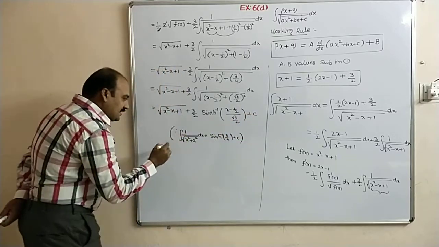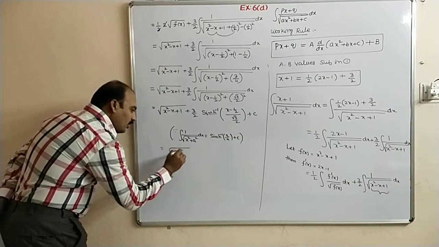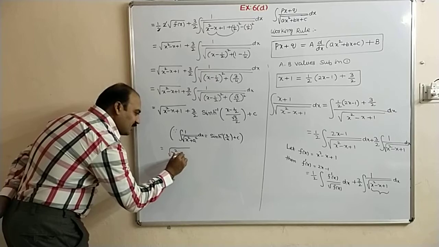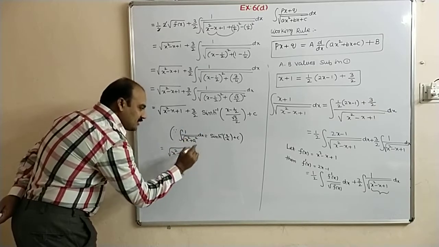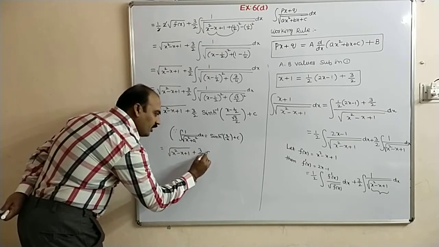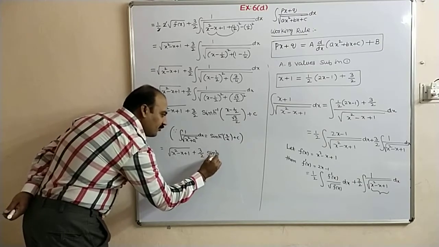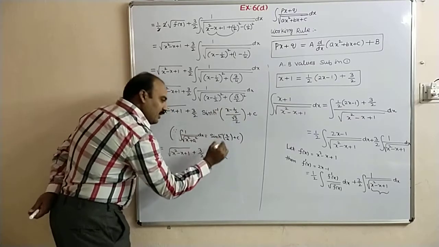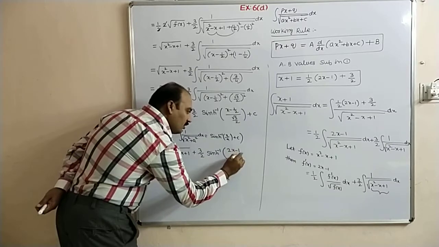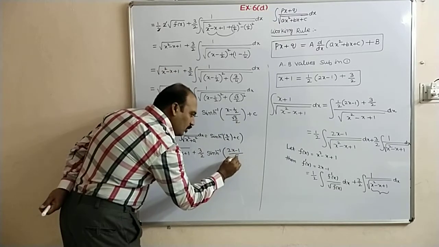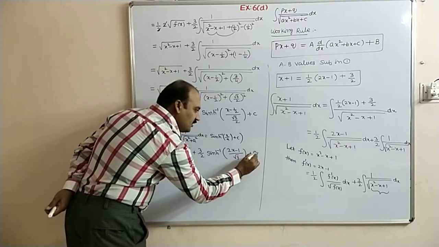After taking LCM, square root of x square minus x plus 1 plus 3 by 2 into sinh inverse of 2x minus 1, here the 2 gets cancelled, by root 3 plus c.